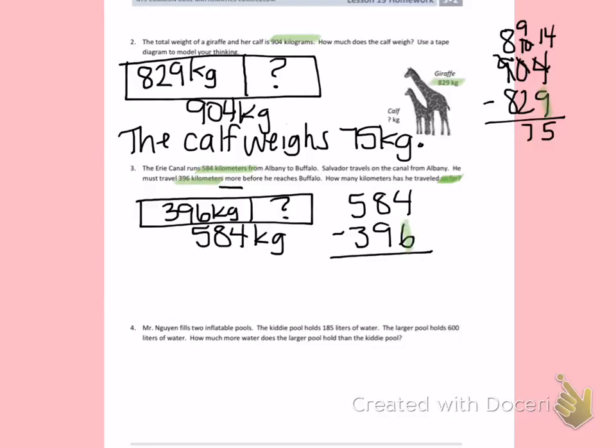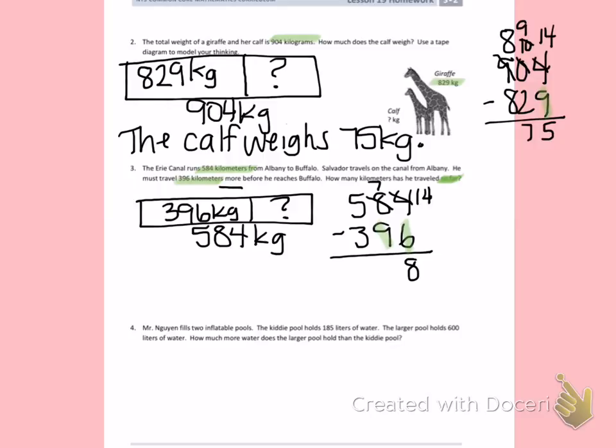6 is the larger number in the ones place, so I'm going to start by regrouping. 8 turns into a 7. 4 turns into 14. 14 minus 6 is 8.